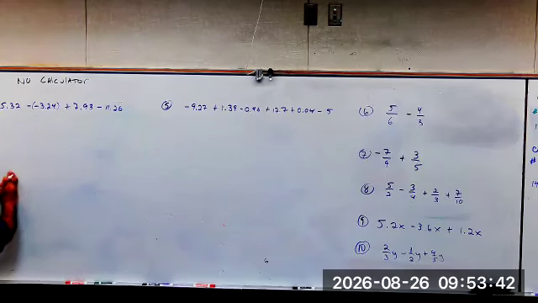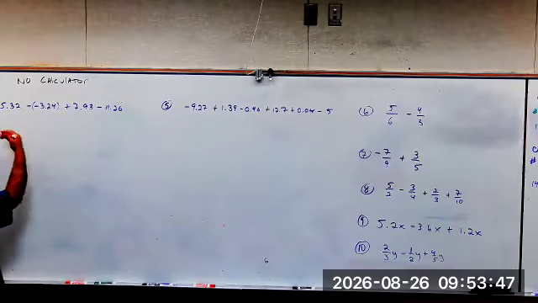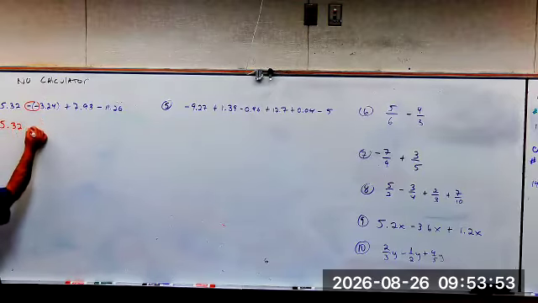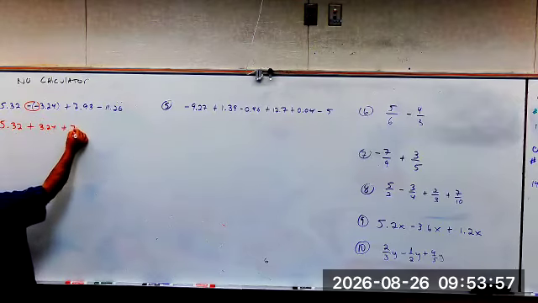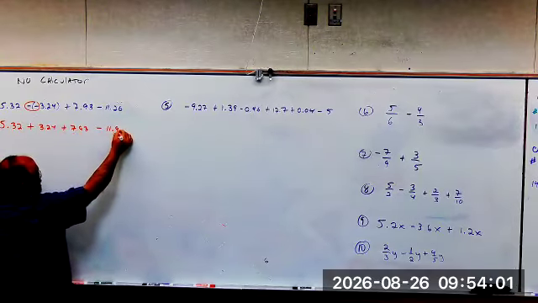And that means, just in case you want to get it correct, write it down. 2 consecutive negatives. Take the time. 5.32. This becomes plus 3.24. And this is now plus 7.93. And then minus 11.96.